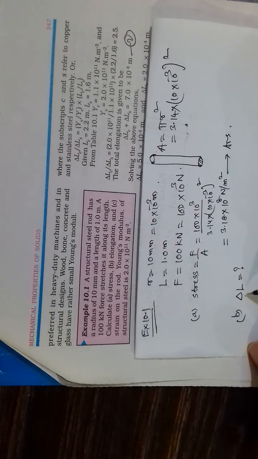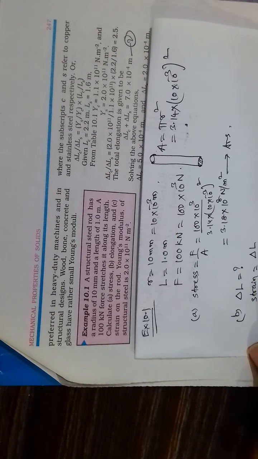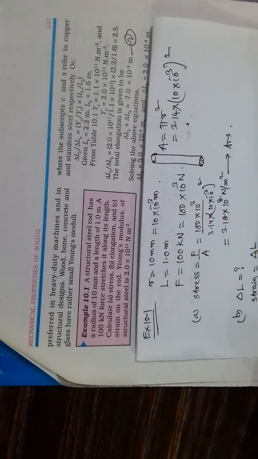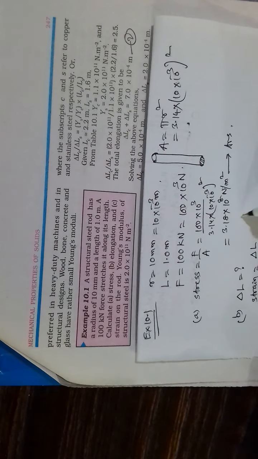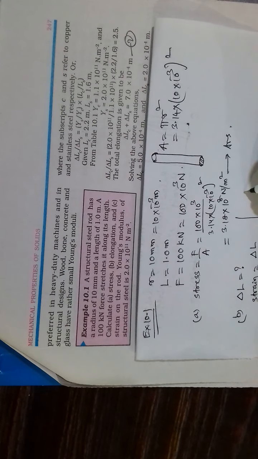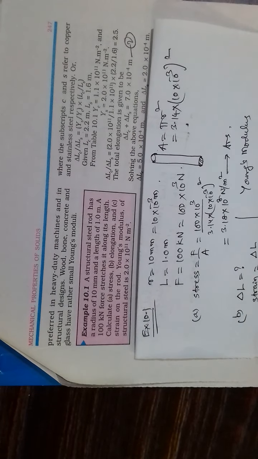Next, elongation is asked, that is delta L. But in which does this delta L come? It comes in strain. See, strain is equal to delta L by L. L is known. If strain is known, you can find elongation. Here Young's modulus is given. See how Young's modulus is defined. It is a constant.